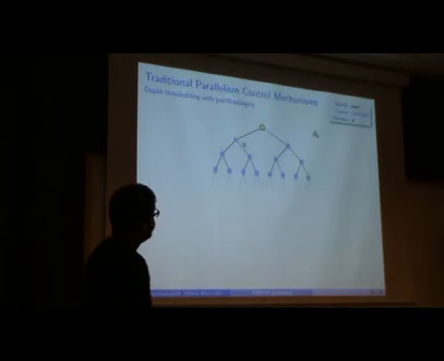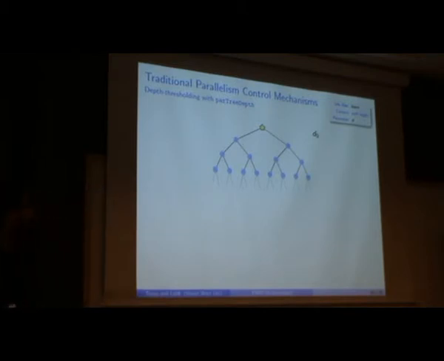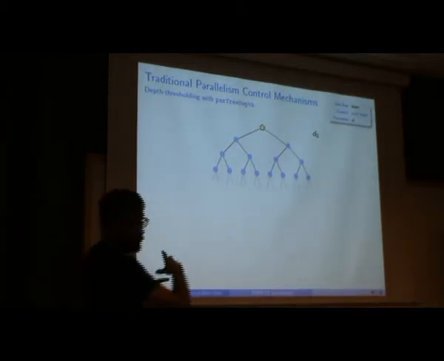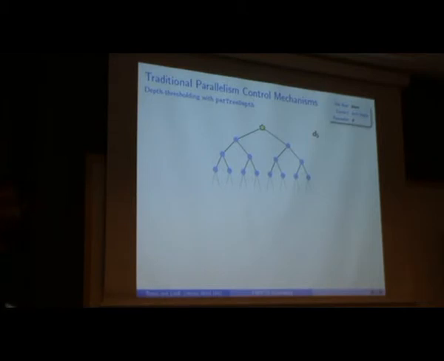Now we start with doing some basic thresholding, so basic control. First we have depth thresholding with part 3 depth. On the top right corner there, we have some basic properties about the dynamic behavior of the strategy. The information flow is about how administrative information to control the parallel coordination of the strategy flows in the tree.